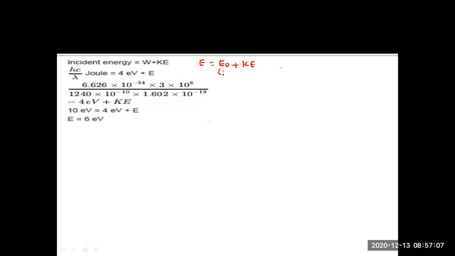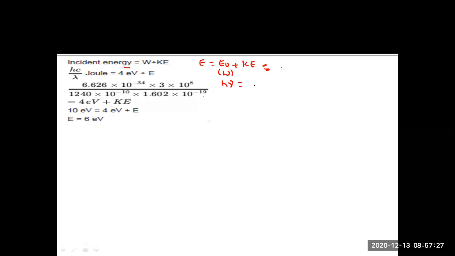Threshold energy is nothing but work function W. So incident energy is equal to W plus K, kinetic energy. Energy is nothing but h nu. So incident energy h nu is equal to the work function.